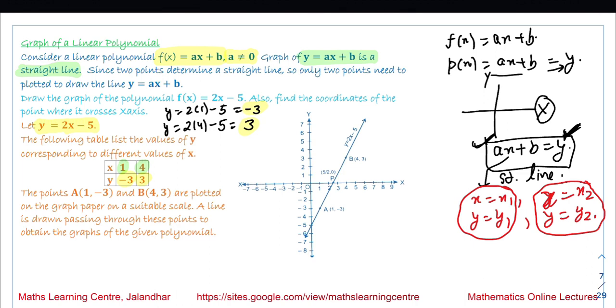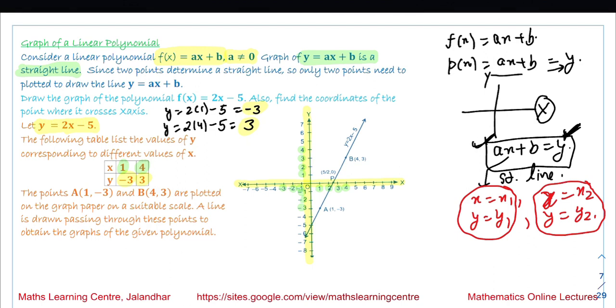And if we plot these values on the graph, this is our x-axis and this is our y-axis. We have marked these points here, 1, 2, 3, 4, then minus 1, minus 2, minus 3. On the y-axis it is 1, 2, 3, 4, and on the negative side minus 1, minus 2, minus 3.